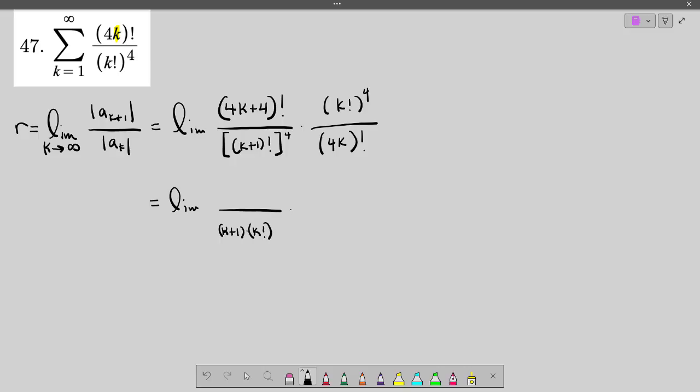And then each one of these is going to be raised to the 4th power. We would have to distribute that exponent. So k plus 1 factorial is k plus 1 times k factorial, and then we're going to distribute that exponent. This other stuff over here looks like we're probably just going to leave it the same.